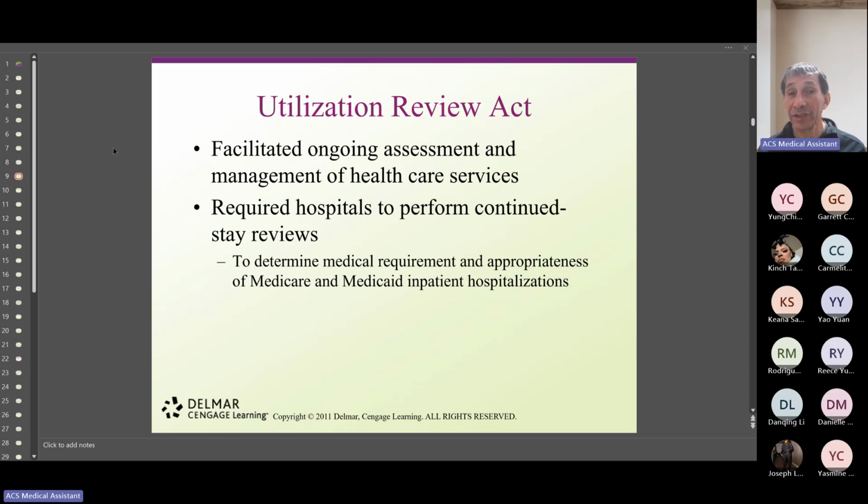They continuously receive all these reviews, these audits, because they want to make sure that every single piece of equipment, every dollar they give, is used for the purpose that it was intended, not for some other issues that are not related to the care and well-being of the patients.